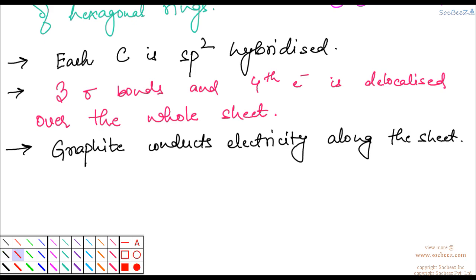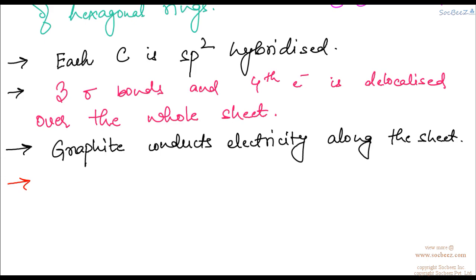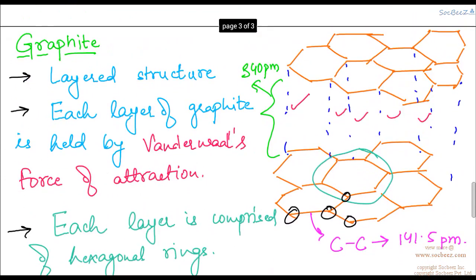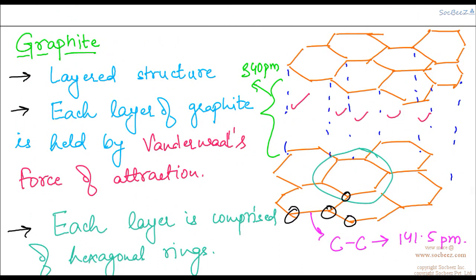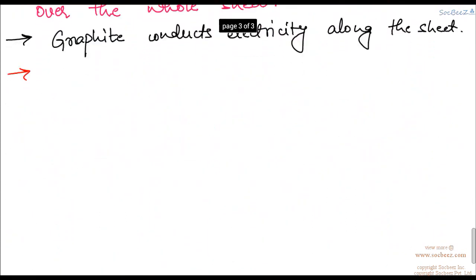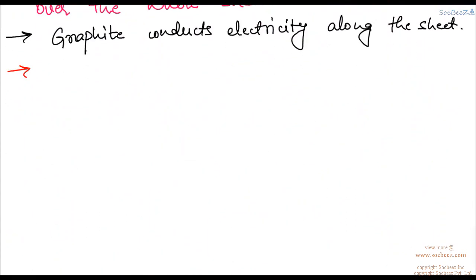And the next point is, since the distance between the two layers is 340 picometer, graphite is very slippery and can easily be cleaved from the layers.